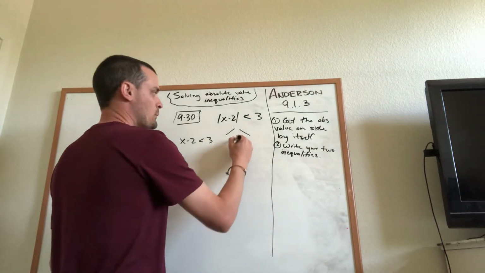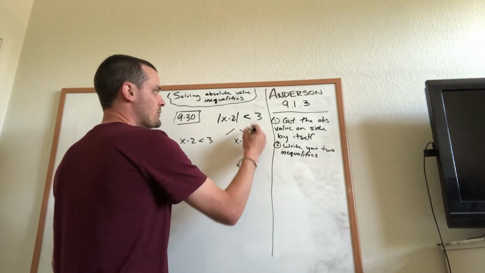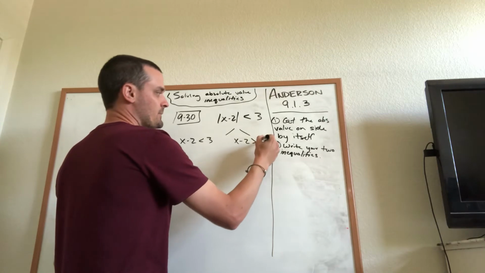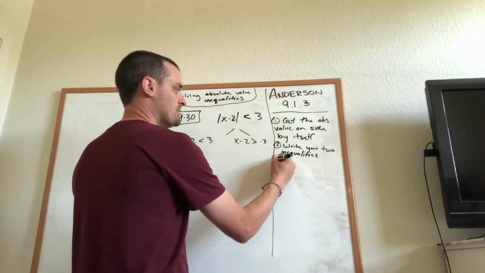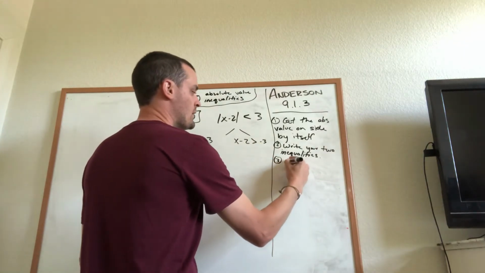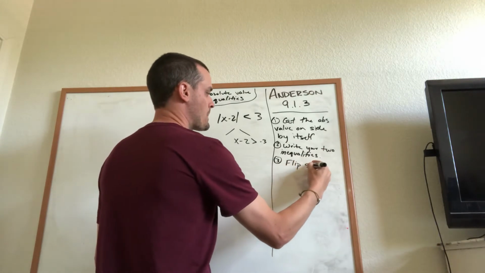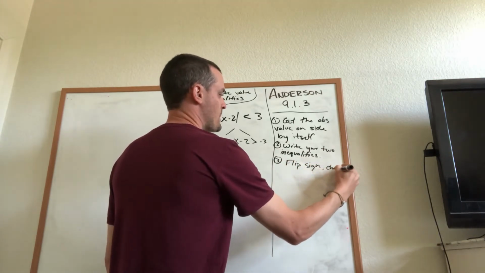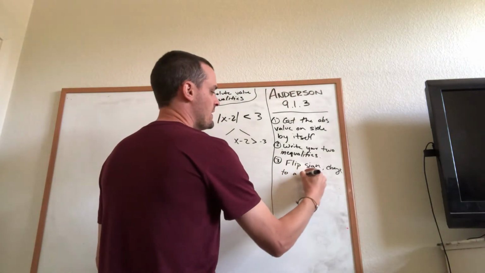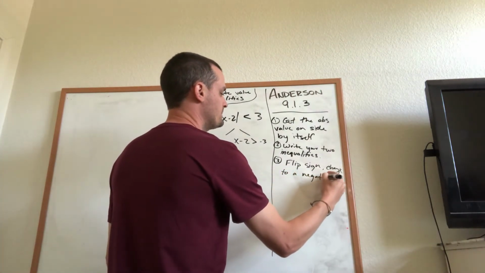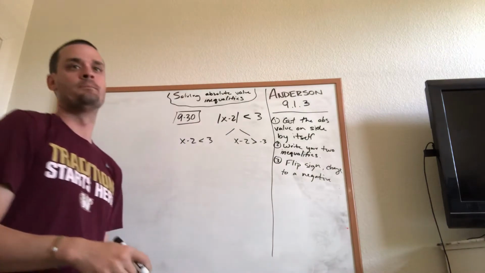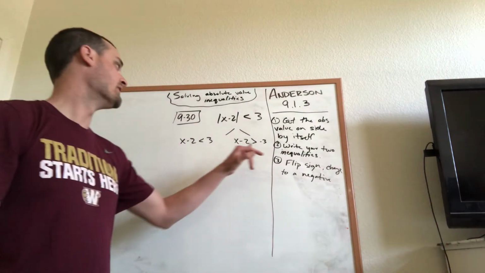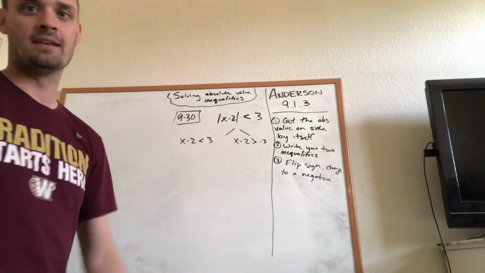On the other side, we're going to write x minus 2. We're going to flip the sign and change 3 to a negative. A lot of times people will either forget to flip the sign or forget to make it negative.